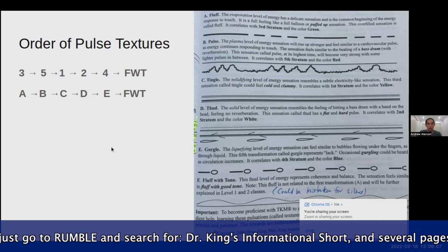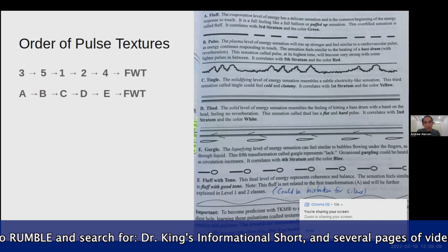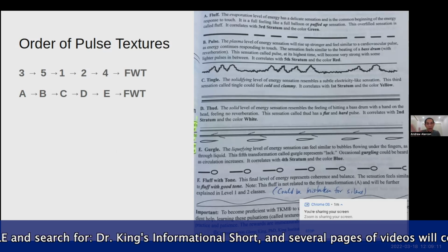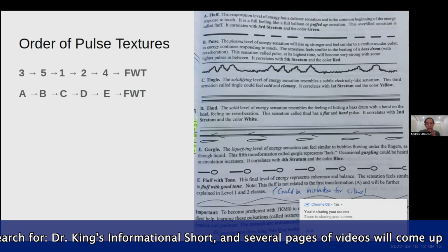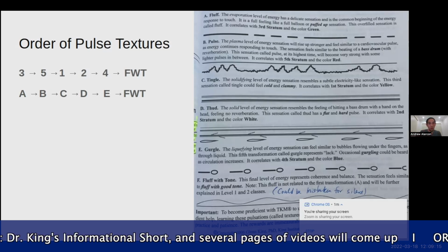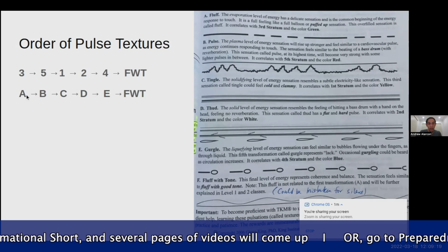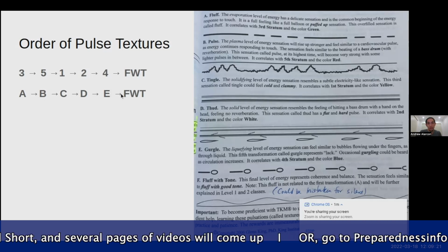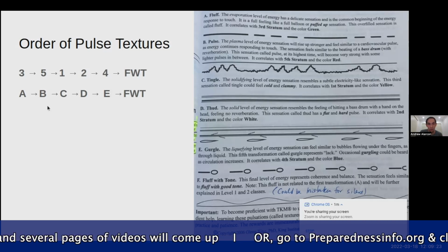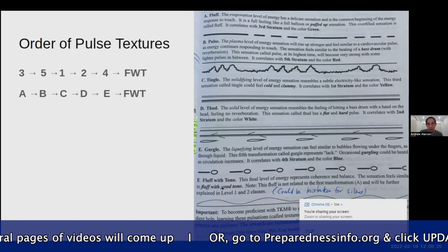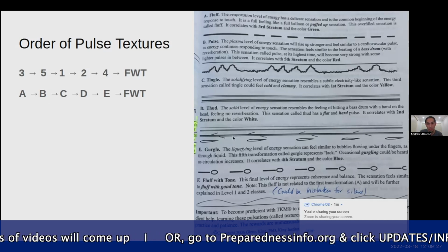So there's a certain order of pulse textures that always happens. It's always in order. I'll start from below. It goes from A, B, C, D, E, and then fluff with tone. I just put those letters because it's based on the letters on the image in the book.